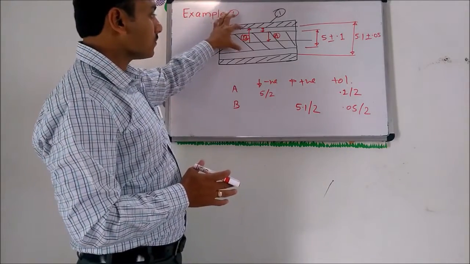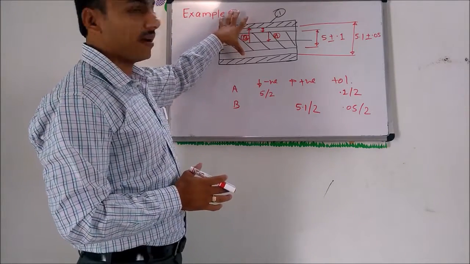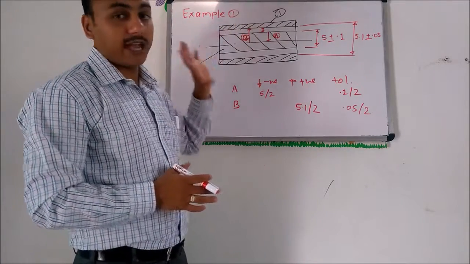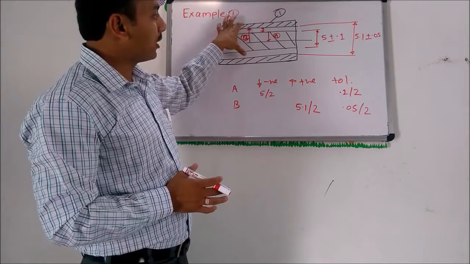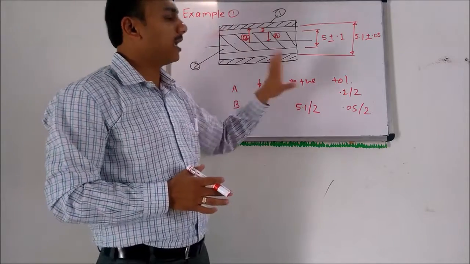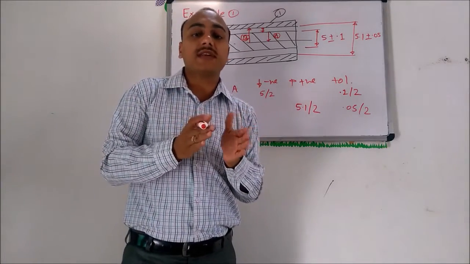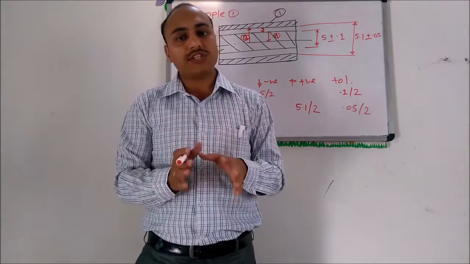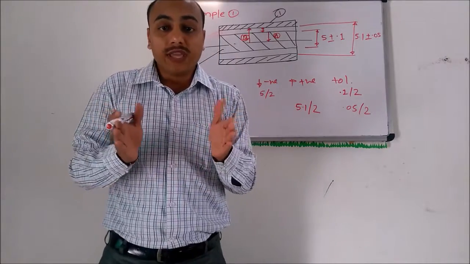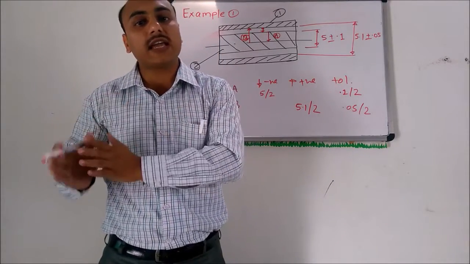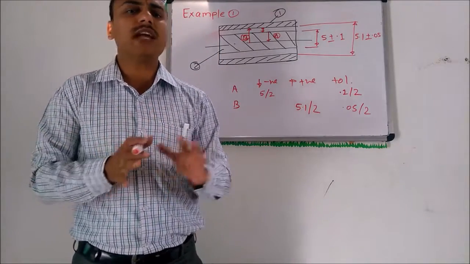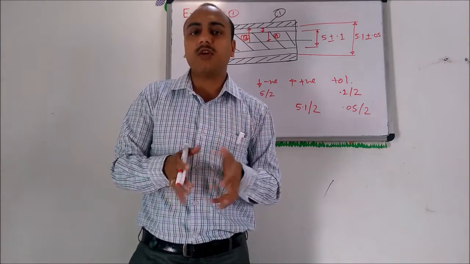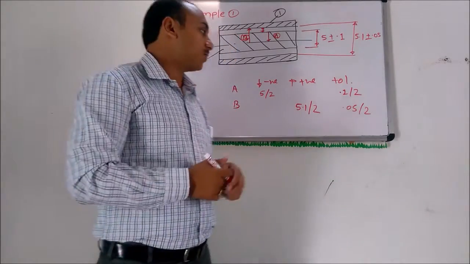And when this hole size is bigger, it will add to the gap, so I will keep it as positive. So any dimension that is going to be bigger and will add to the gap will be positive, and any dimension that is smaller and will add to the gap will be negative. That's how you can decide which direction will be negative and which positive.